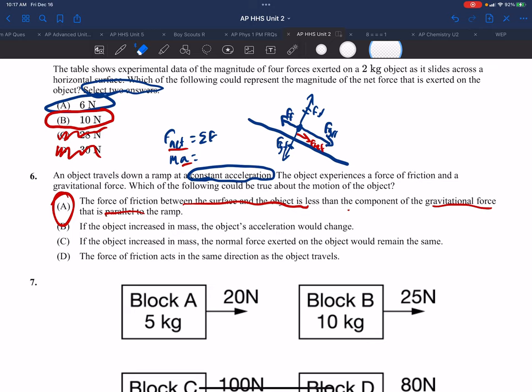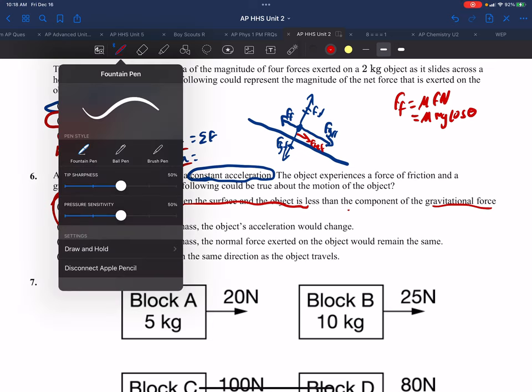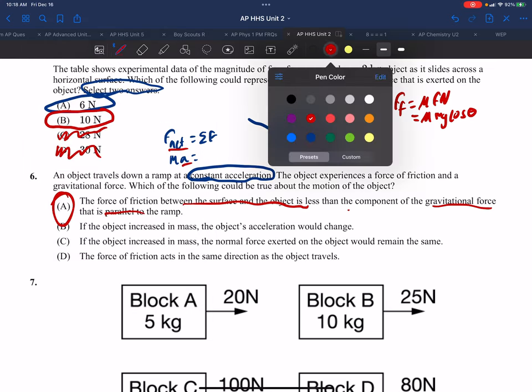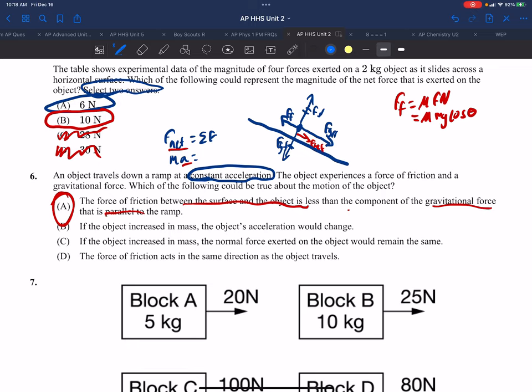Now, at first glance, you might picture that it would slow down. But if we look at the force of friction, which is mu Fn, and Fn is mg cosine theta, what we can see is increasing the mass will increase the friction.